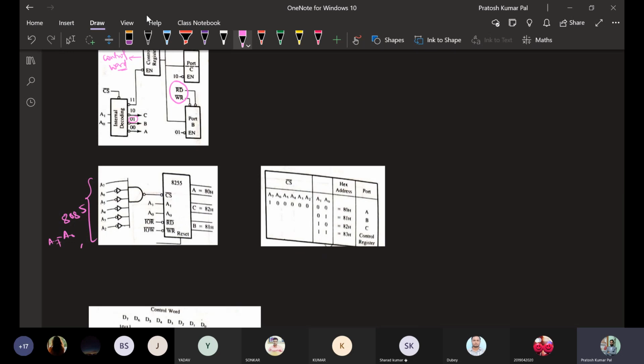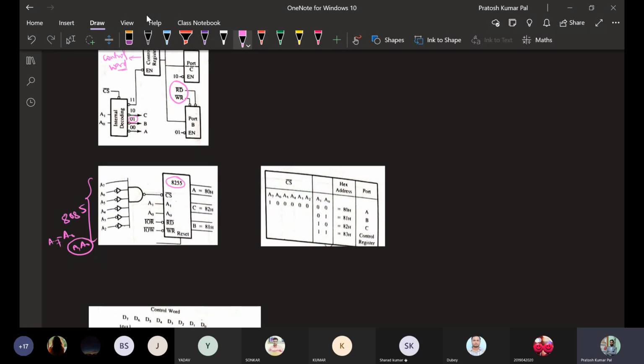A0 and A1 are helpful for deciding which particular port is selected. The A0 and A1 pins of 8255 will be directly connected to the A0 and A1 pins of the microprocessor.